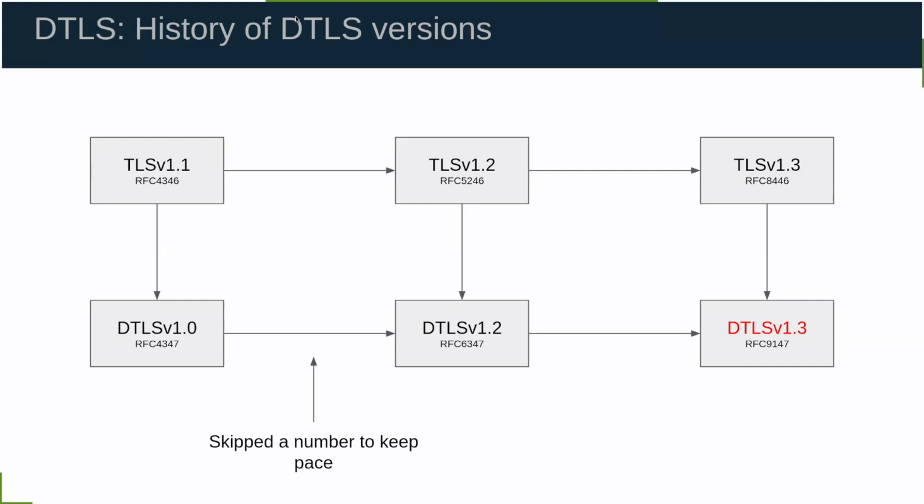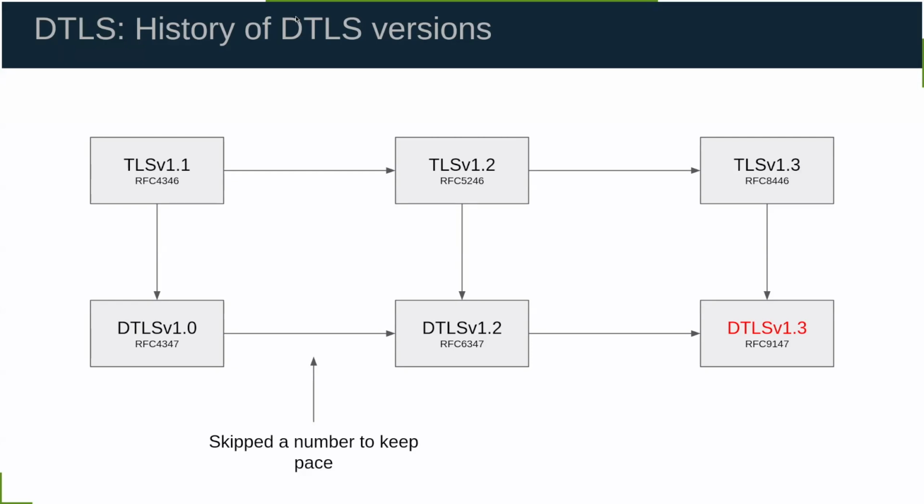So there is this mismatch between the two versions, because as we're going to see in a few slides, DTLS is built on top of TLS. This mismatch of numbers creates some confusion, so they decided to skip a number when they developed DTLS 1.2, which was matched with TLS 1.2. And so we don't have any DTLS 1.1.